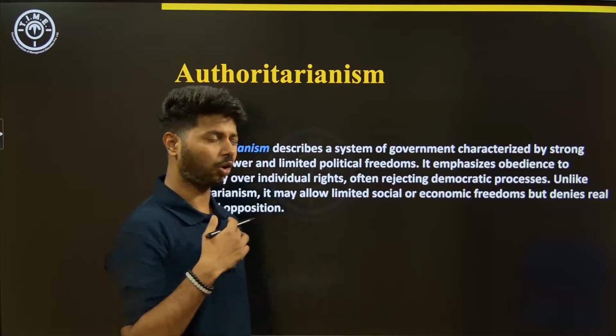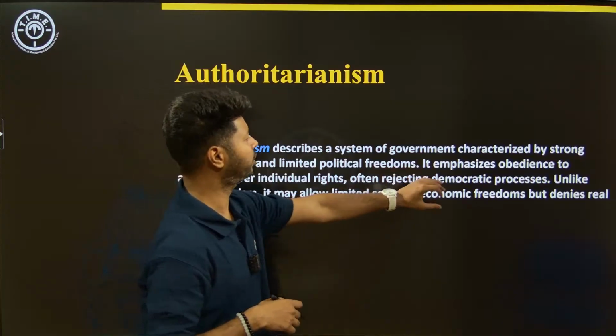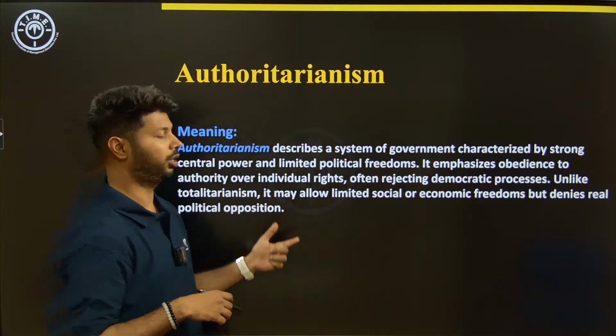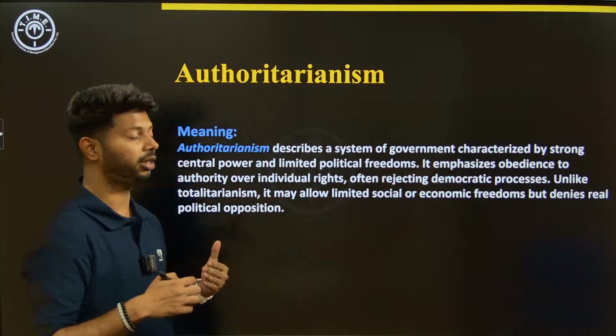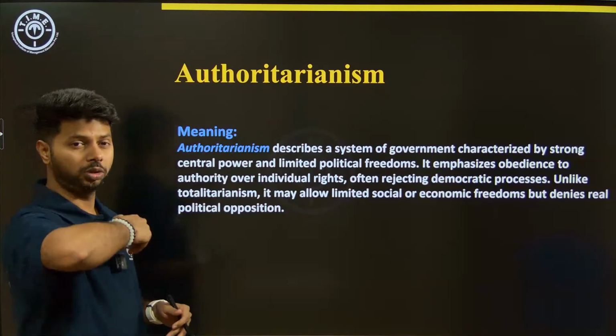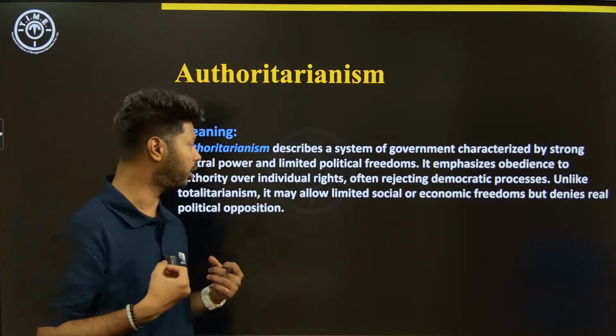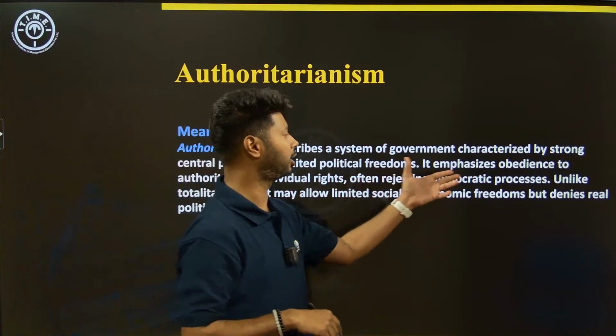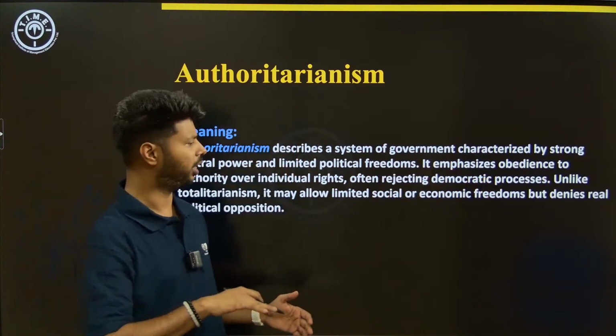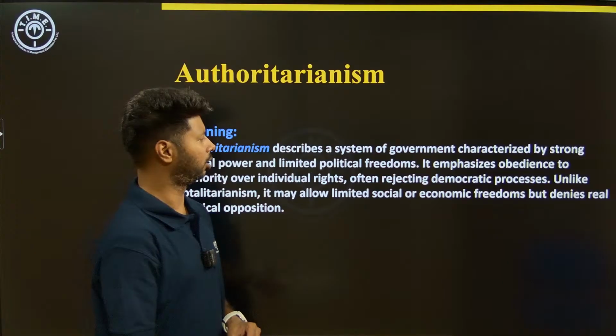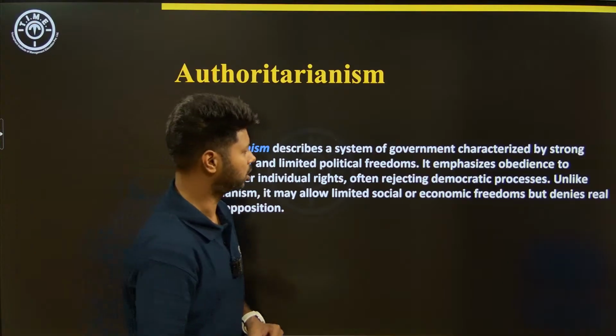There was not a lot of political freedom. It emphasizes obedience to authority over individual rights. The priority is to give value to obedience to the rule rather than individual rights, often rejecting democratic ideals. So we saw that there was a lot of reduction in political autonomy of the individuals, right?